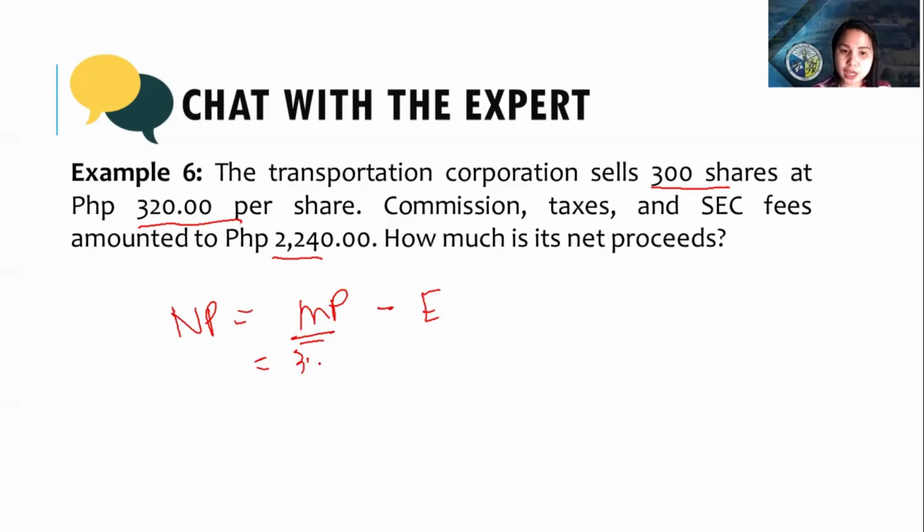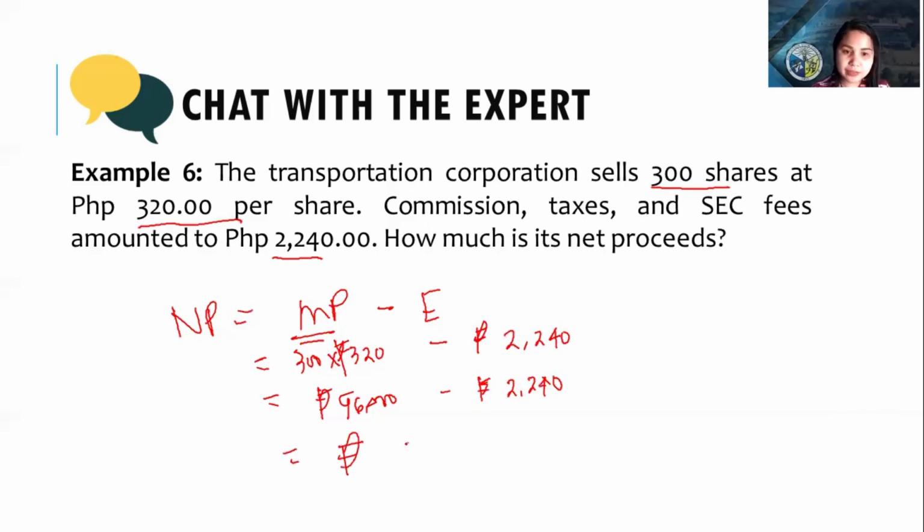That's 300 shares times 320 per share. So your market price will amount to 96,000. You subtract the expenses of 2,240, and you will only get 93,760 pesos. Any questions?